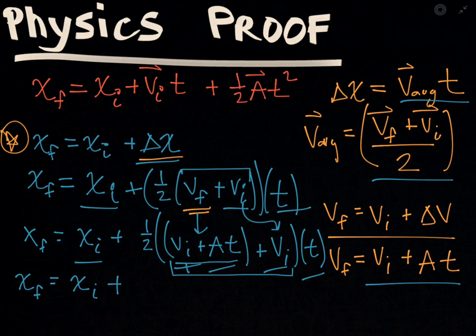So we can combine that initial velocity and that initial velocity to 1/2 times 2 initial velocity plus acceleration times time, all times time.